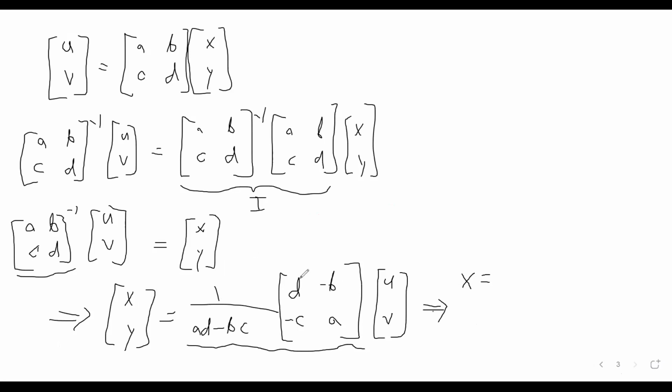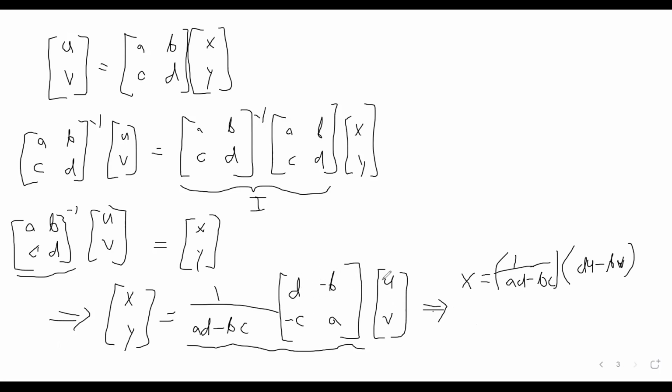So x is equal to 1 over AD minus BC times, because you have this thing here, DU minus BV.